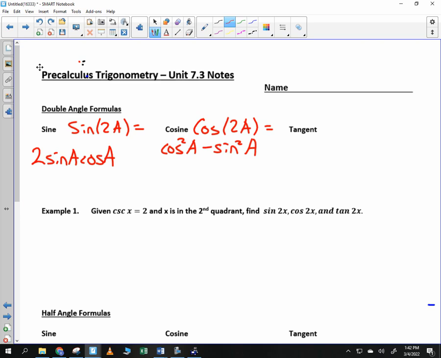Kind of like sine squared plus cosine squared is 1, it turns out that there's actually 3 formulas to choose from, and I'll show you the best one to use eventually. You could also have 2 cosine squared of a minus 1, and you could also have 1 minus 2 sine squared of a. So you have 3 options for formulas.